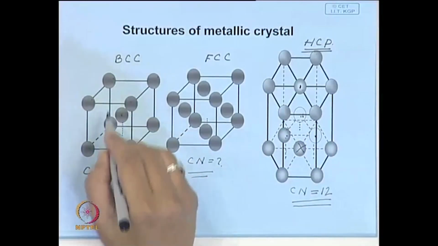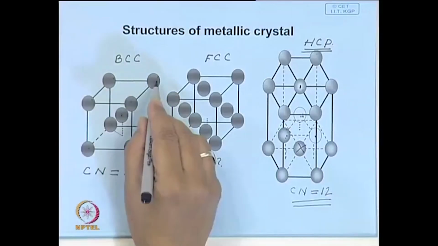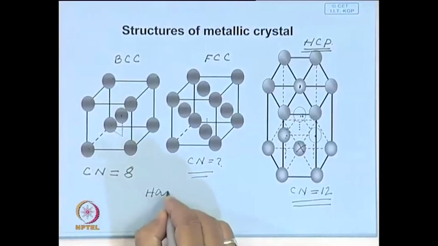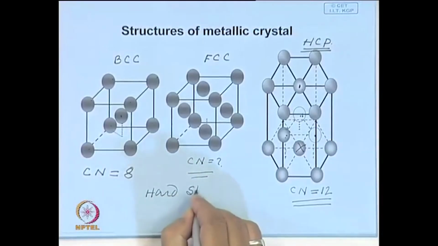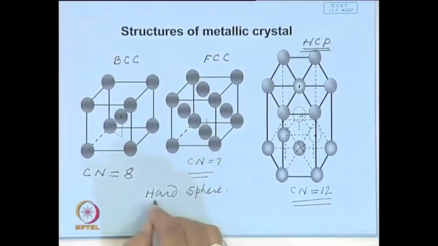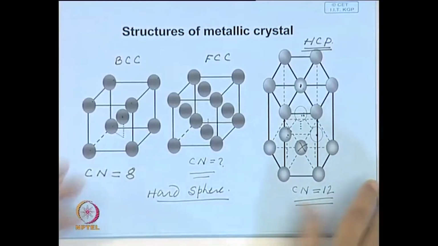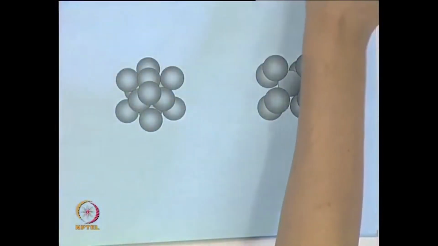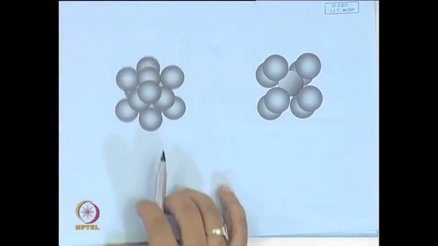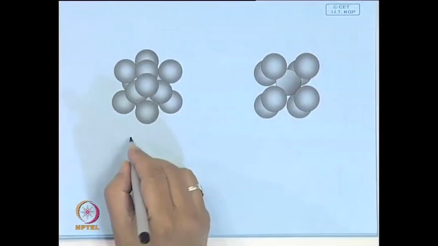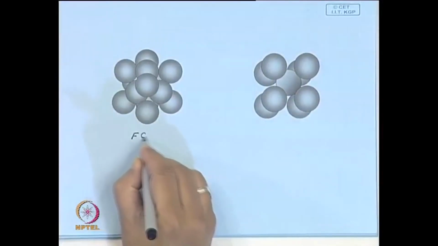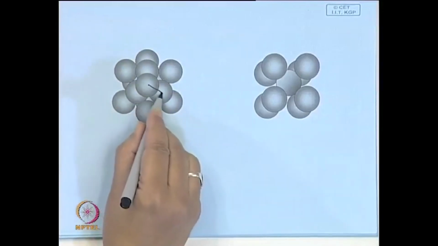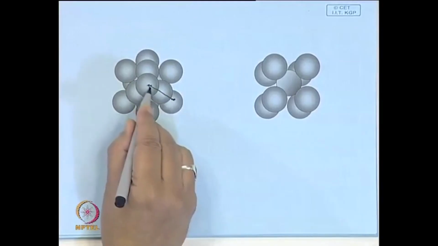One of the simplest ways we can visualize this is to assume the atoms to be hard spheres and go through a few calculations. This is a more elaborate view of the face centered cubic structure, assuming hard spheres. Along these directions they touch each other.